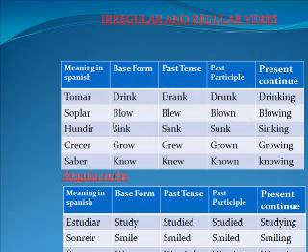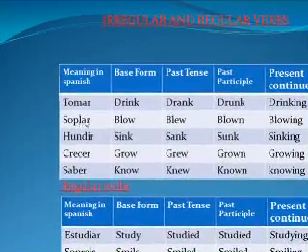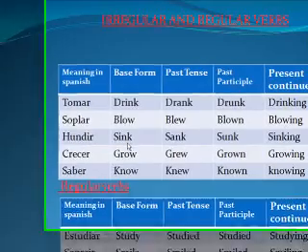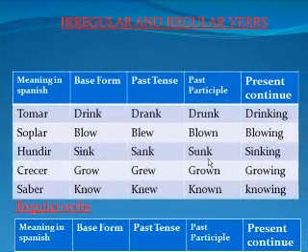Soplar: blow, blew, blown, blowing. Hundir: sink, sank, sunk, sinking. Crecer: grow, grew, grown, growing. Saber: know, knew, known, knowing.